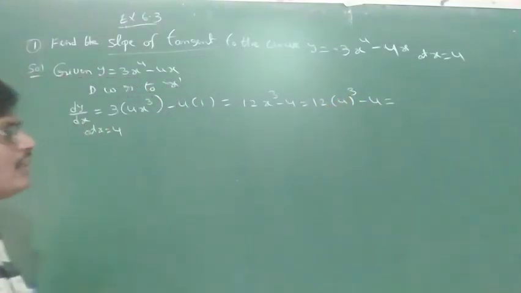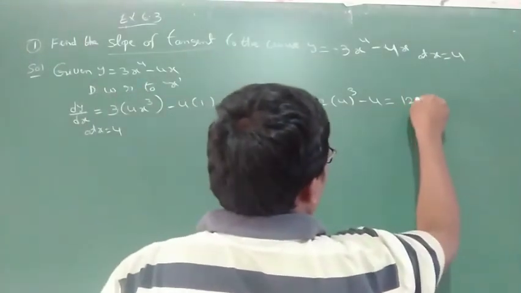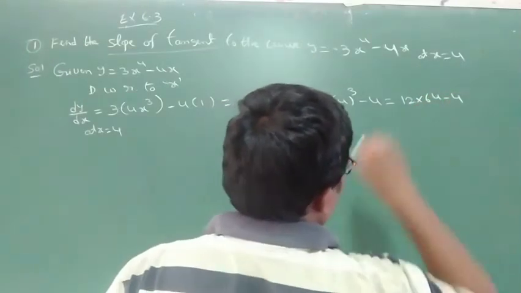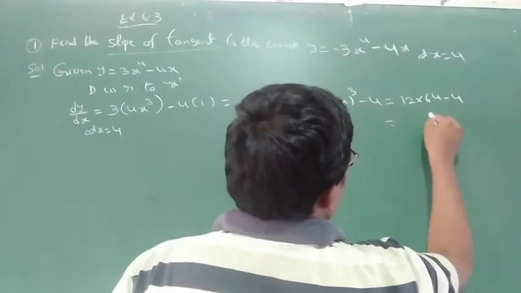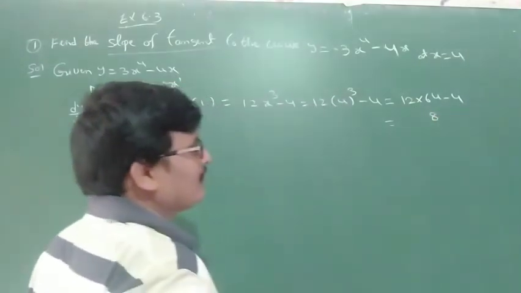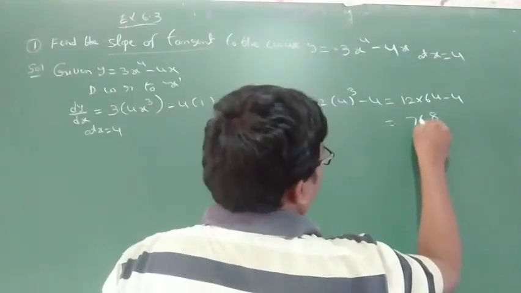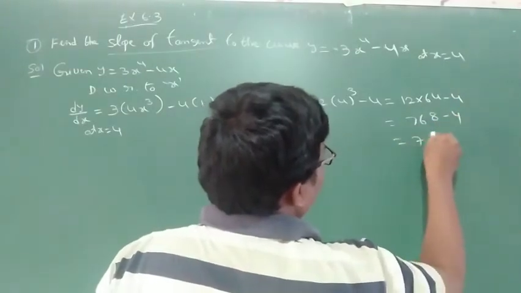4 cube is equal to what? 12 into 4 cube, 4 cube is 64. 12 into 64 minus 4. You can calculate 12 into 64. So that is equal to 764.